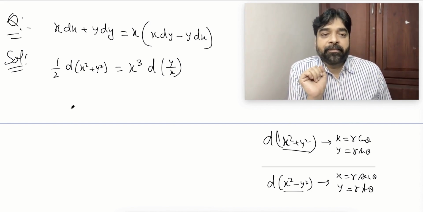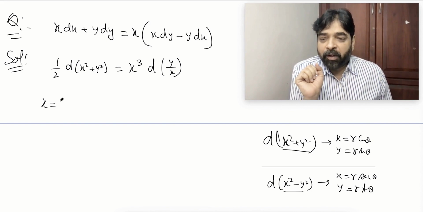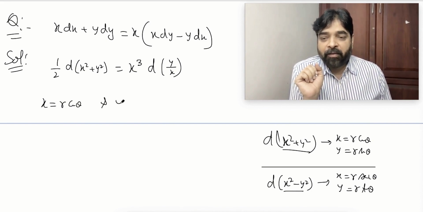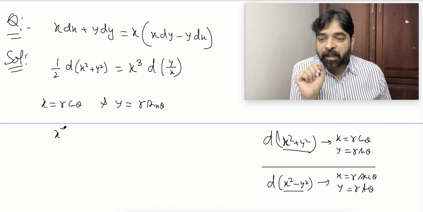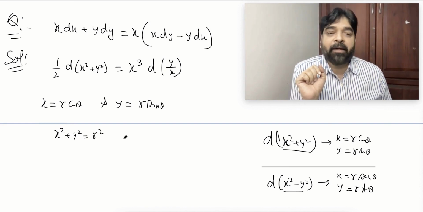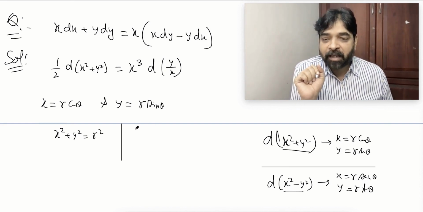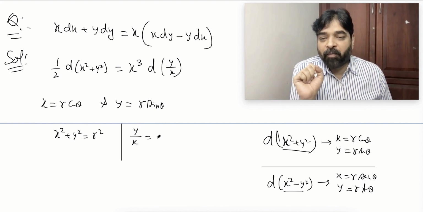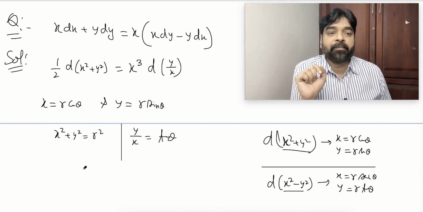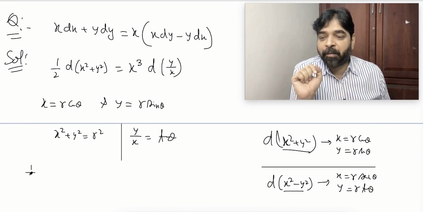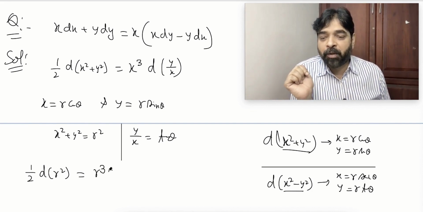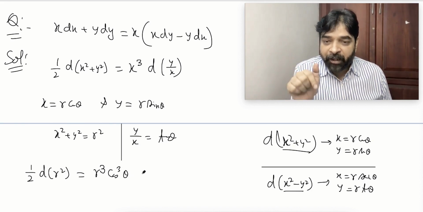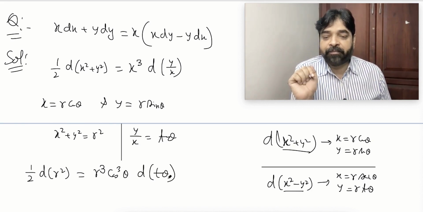Is it clear? Now put x equal to r cos theta and y equal to r sin theta. This substitution I am going to put. So what will x square plus y square become? That will become r square. And I need y by x also. So y by x will be tan theta. Watch carefully. So this equation will become half d of r square equal to x cube, that means r cube cos cube theta into d of tan theta.